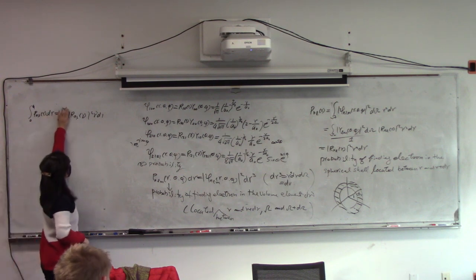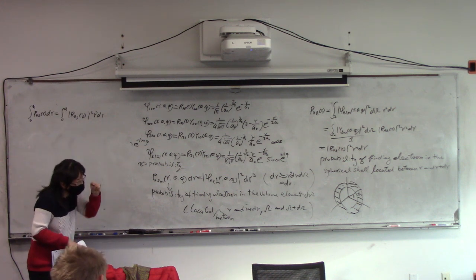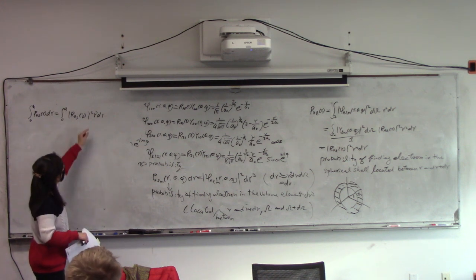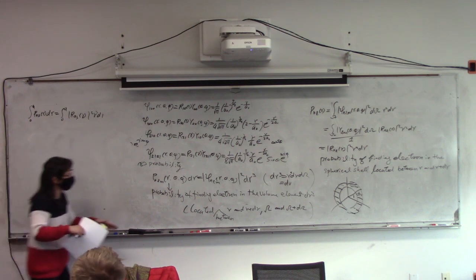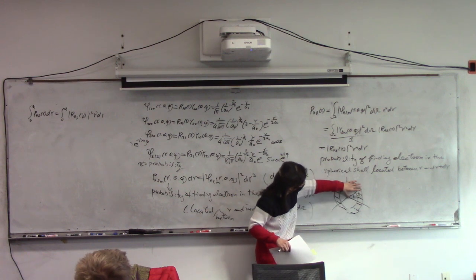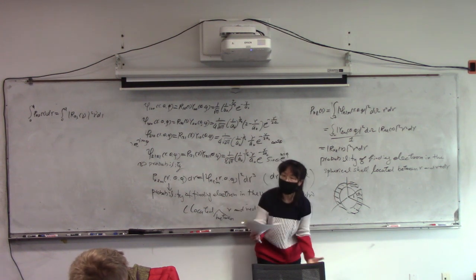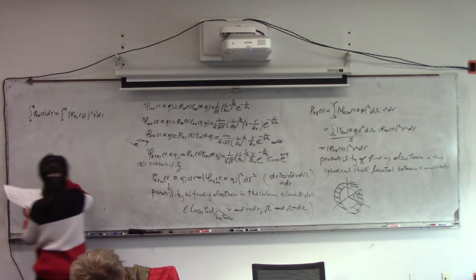Without the integral, we know it's the probability to find the electron in a very thin spherical shell. But now if I integrate from 0 to a, that is from here to here, if this is a, that is a sphere, right? Solid sphere.